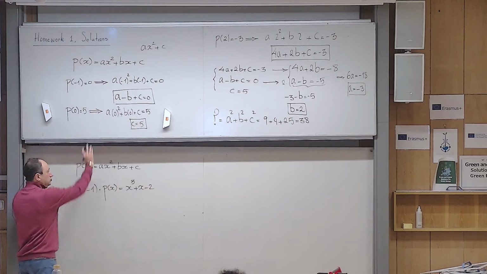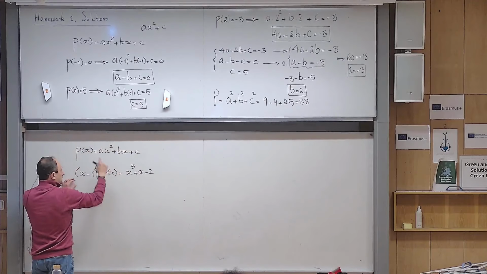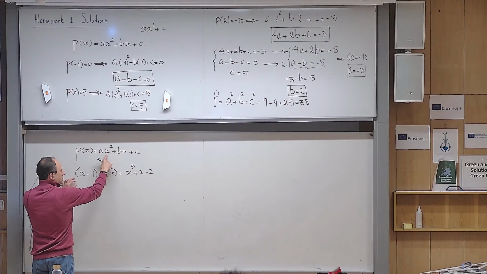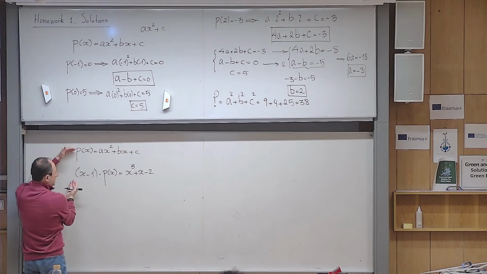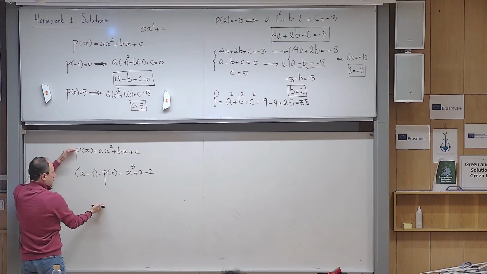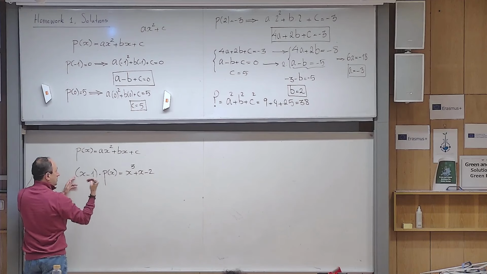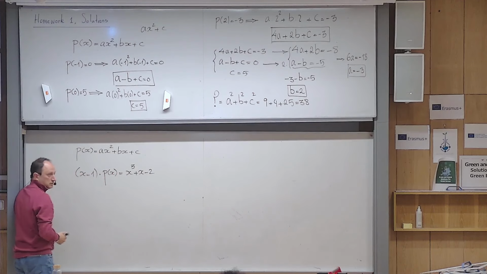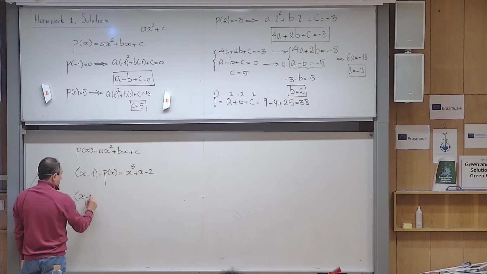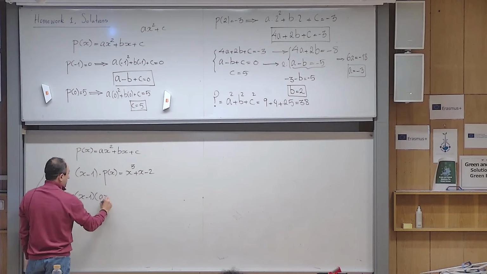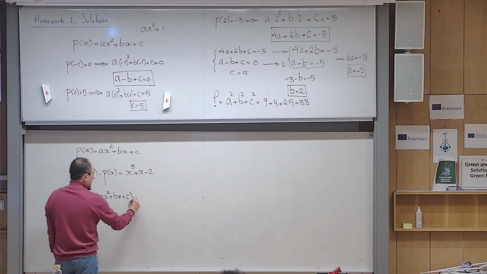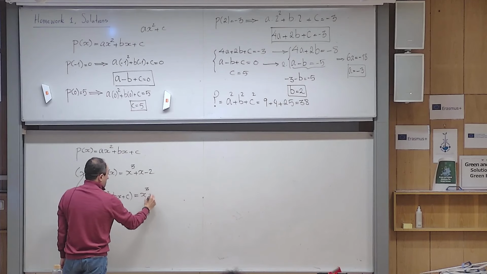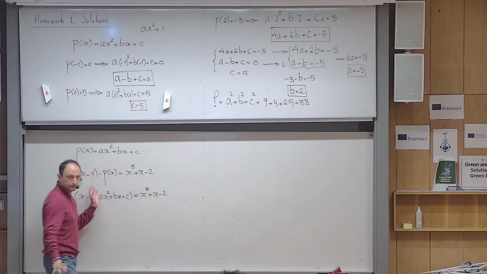Okay, so let me do the calculation. This is what I understand because p of x is a quadratic polynomial. This is given by the problem, so I combine these two into one line. How? By taking this out and putting this instead. Okay, x minus 1, ax squared plus bx plus c. And then the right-hand side is this one. Okay, is that understandable? Okay.